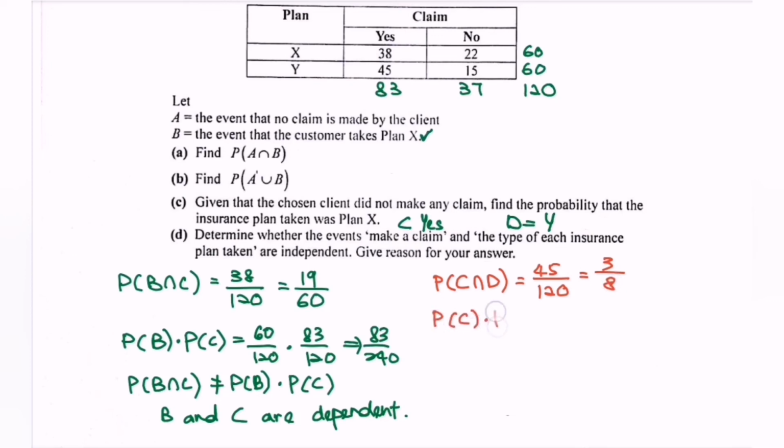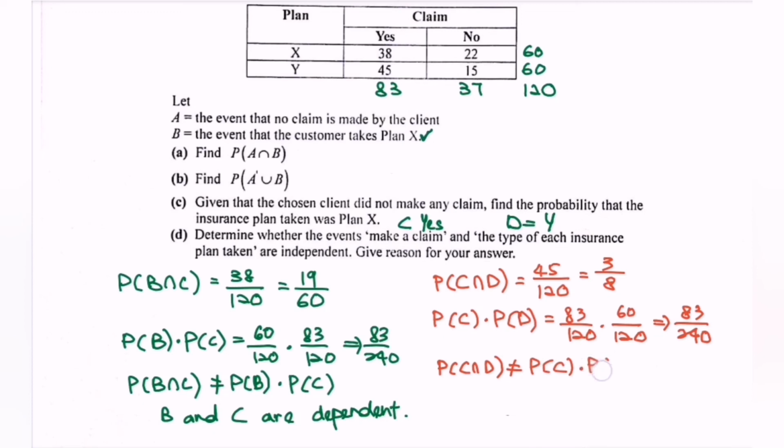Probability for C multiplied by the probability for D. Probability for C refers to yes, so 83 over 120, multiplied by the probability for D, which refers to the column Y, 60 over 120. If we simplify, we will have 83 over 240. From here we notice that the probability for C intersect D is not equal to the probability for C multiplied by the probability for D. So we can say C and D are dependent.